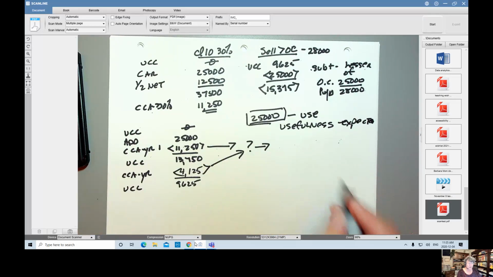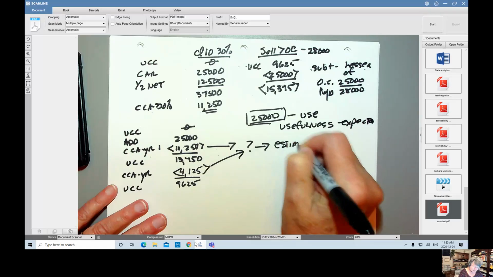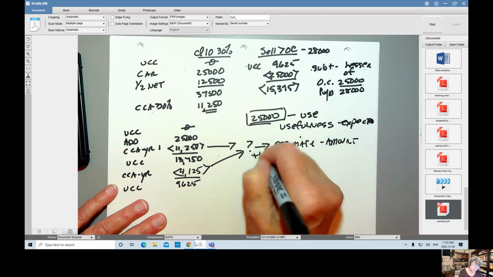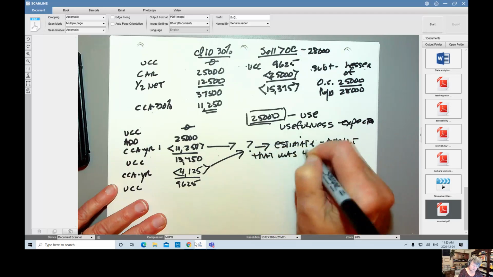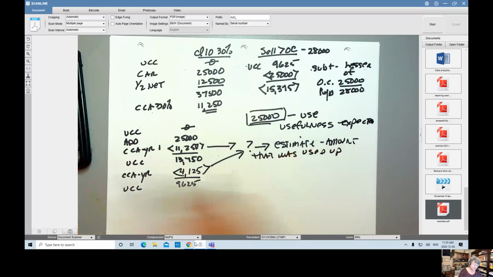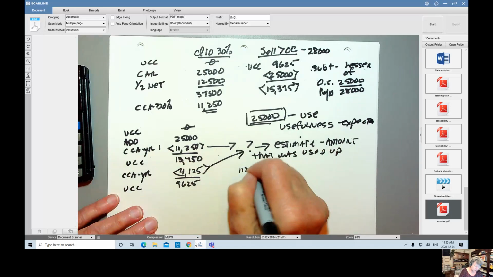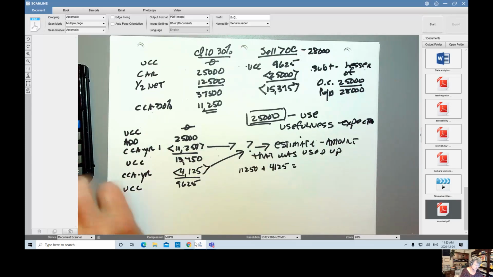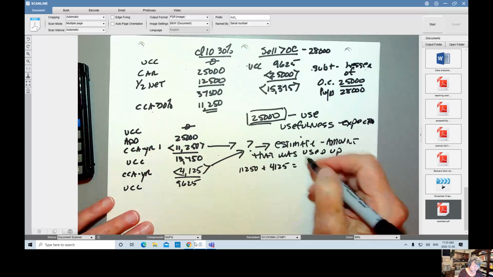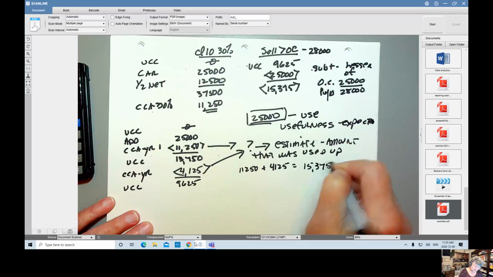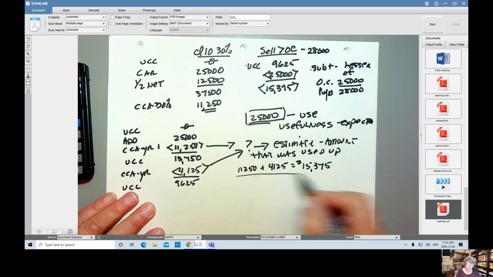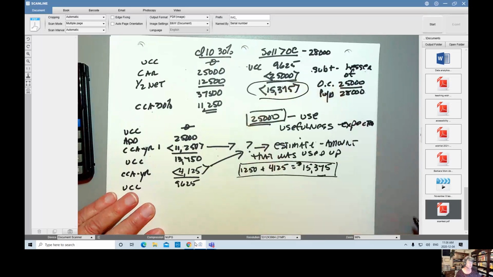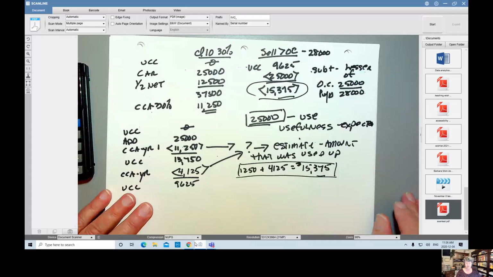That represents the estimate of the amount that was used up. So if I look at that, it's a total of 11,250 plus 4,125, which better equal 15,375 or we have a problem. So notice the estimated amount that I used up is 15,375, which is the negative amount in the class.